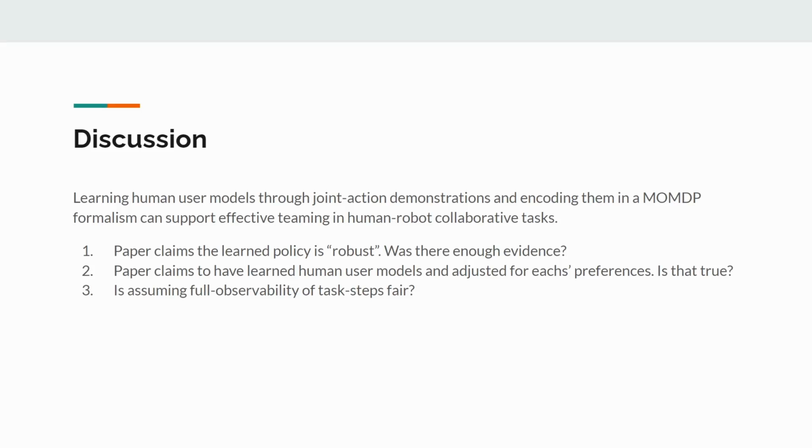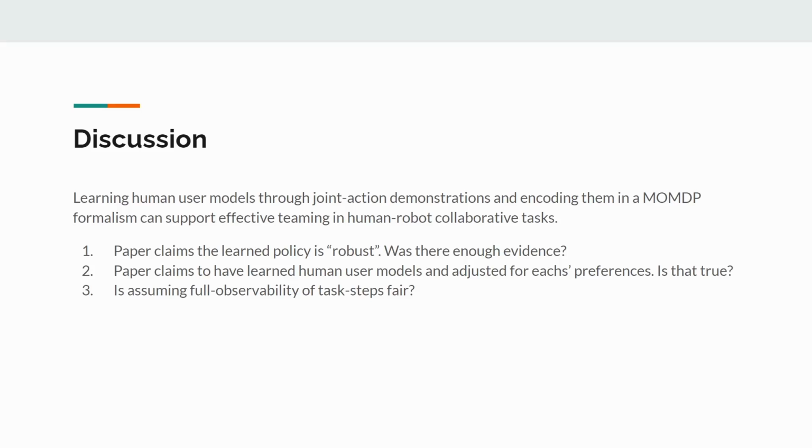Another claim the paper made was that they learned human user models and adjusted for these preferences. Is that necessarily true through the actual experiment that they conducted? The paper didn't really talk about how adjusting for different user preferences was achieved.